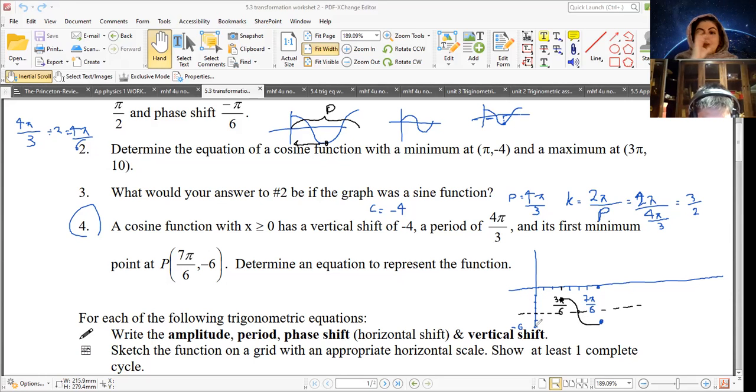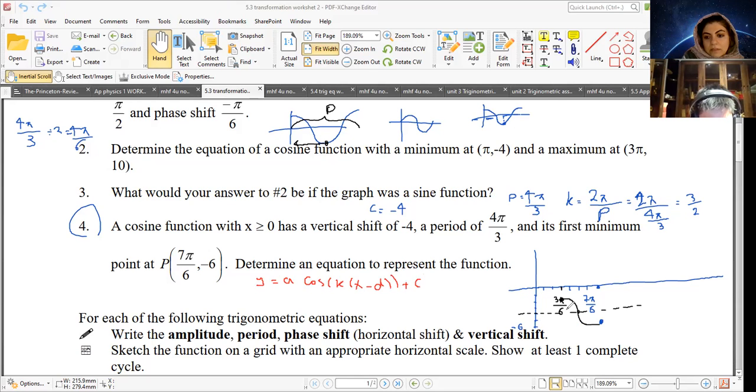I can graph the rest of that, but I have everything to do the equation. The equation is what? Y equal to A cosine K, x minus d, plus c.